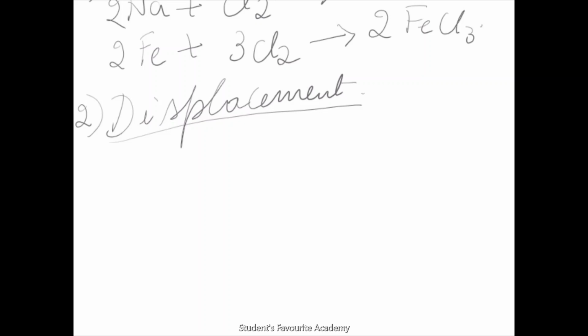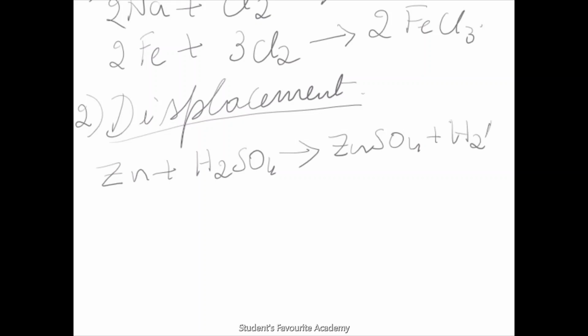In that you have learnt displacement reactions. There the metal replaces the hydrogen of the acid, forming a salt. So zinc plus sulfuric acid gives zinc sulfate plus hydrogen gas.